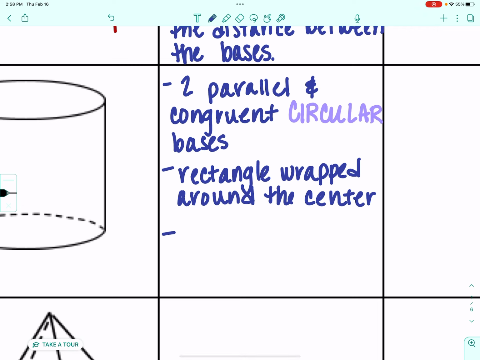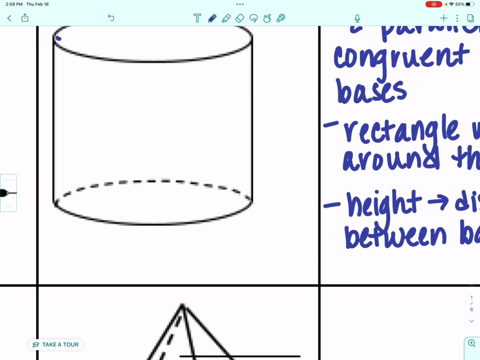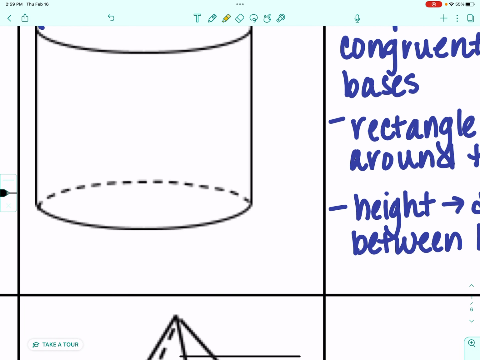When we talk about height, we are still talking about the distance between the bases. So we have a circular base.